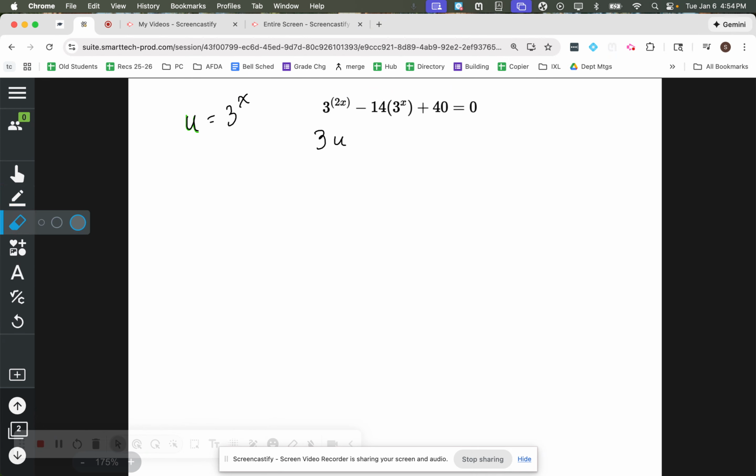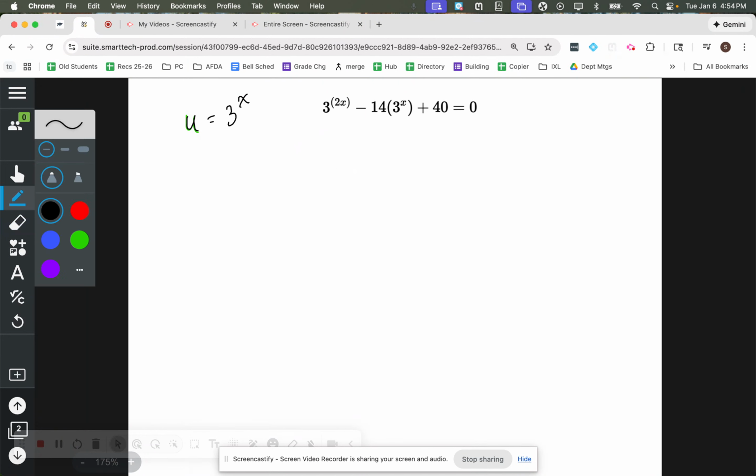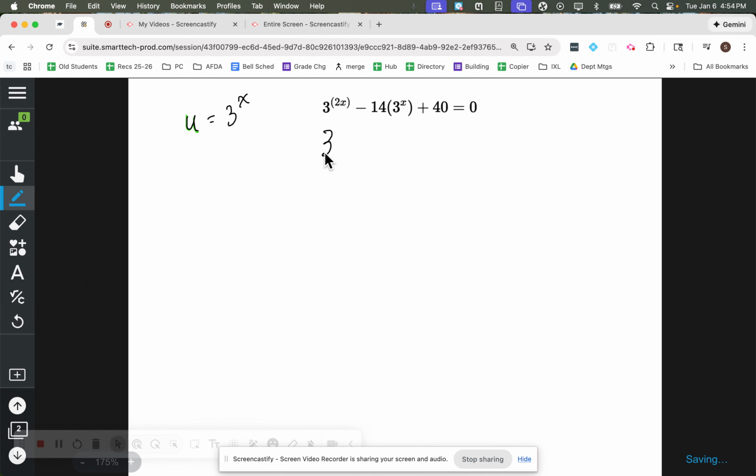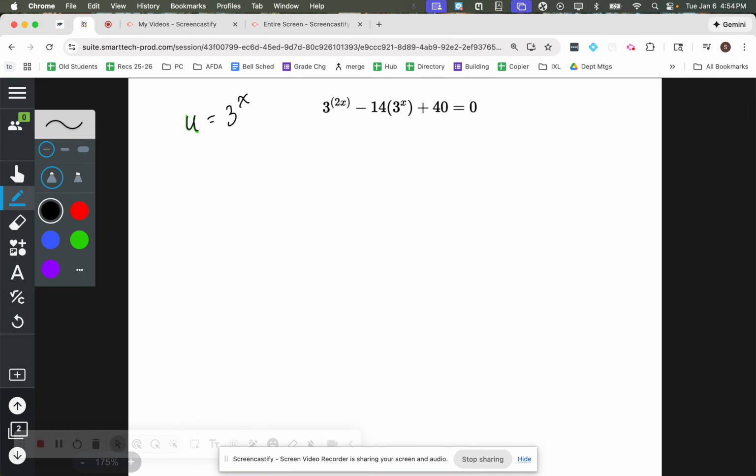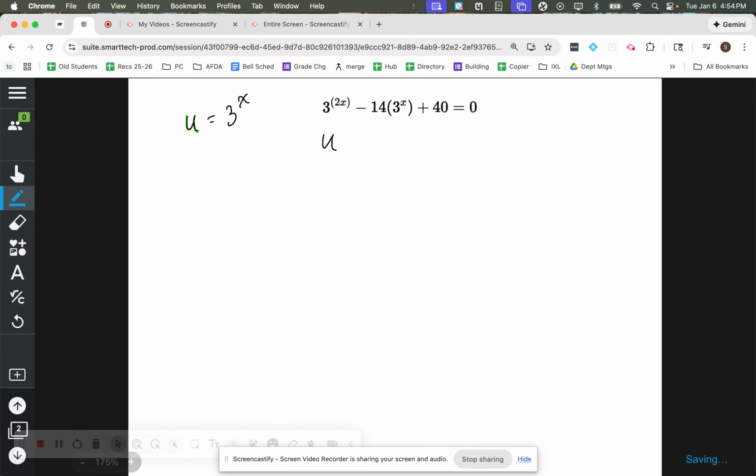Okay, and then as we did, we're going to use the u. Sorry, I should be saying u. We're going to say u to the second power, because u to the second power is, here's the u, 3 to the x to the second power.